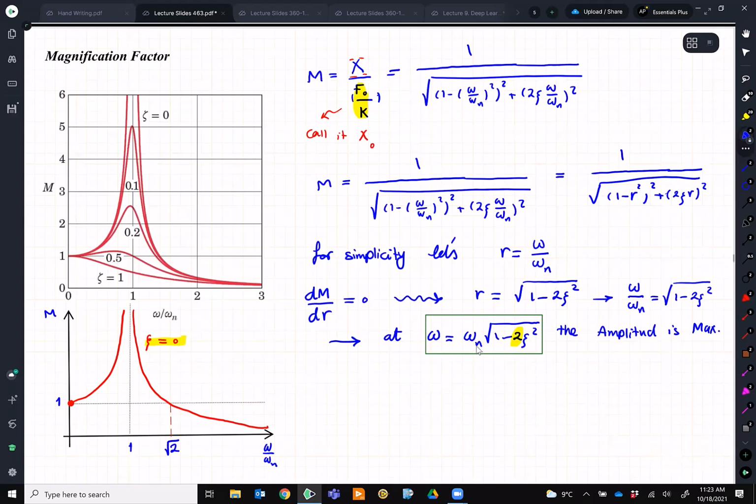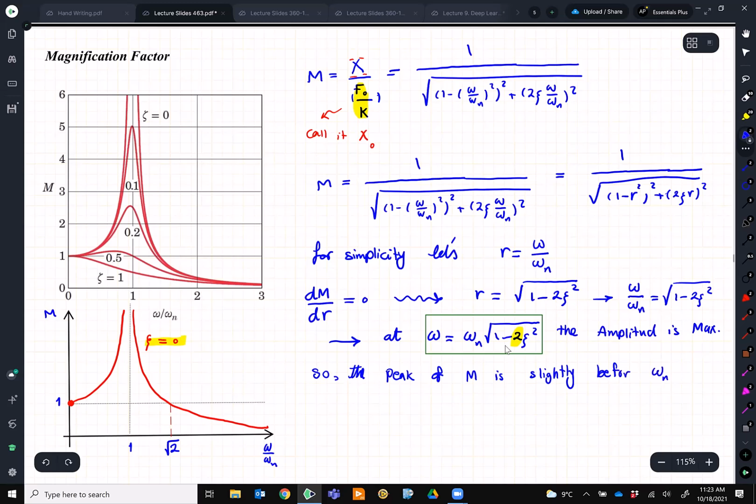So for this case, we say the peak of M is slightly before omega n. Right?